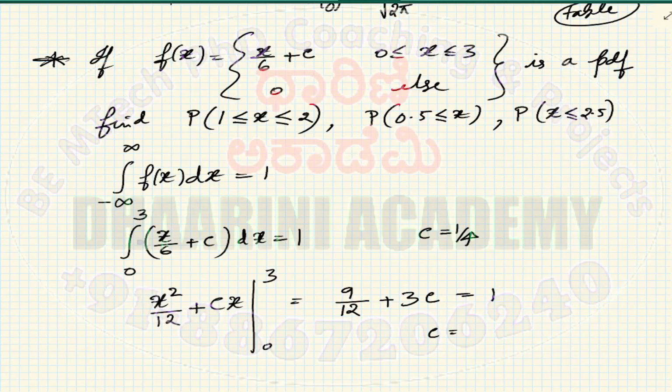So the c comes to be equal to 1 over 12, right? Now we know the value of c, so we can actually rewrite the complete f of x. So let's write that first.